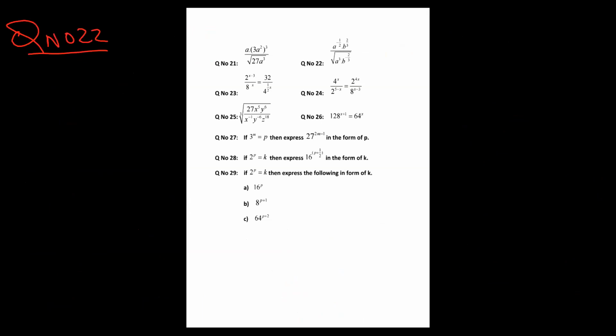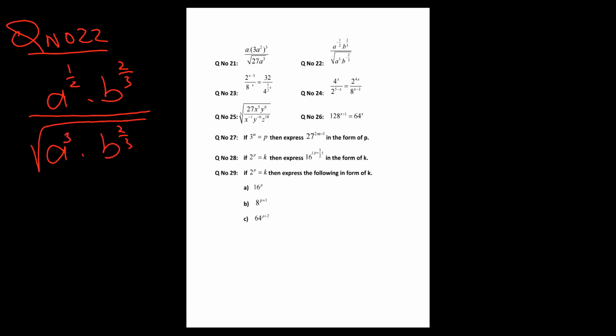Because of a time problem: a to power half into b to power 2 by 3, divided by a to power cube times b to power 2 by 3, and the root of the whole. First of all, a to power half, b to power 2 by 3 untouched. But down, I can say the whole is to the power half.